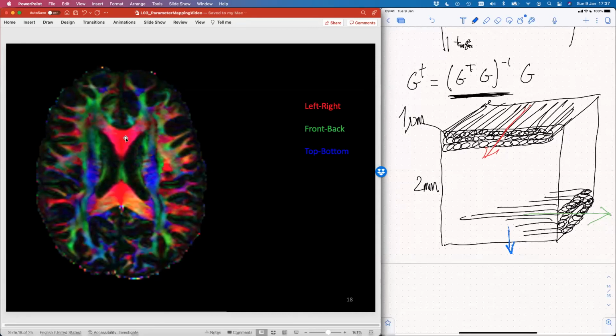So the X component becomes the red channel. If, for example, you have an eigenvector which is 1, 0, 0, i.e. it points in the left-right direction, the corresponding image pixel becomes very red.